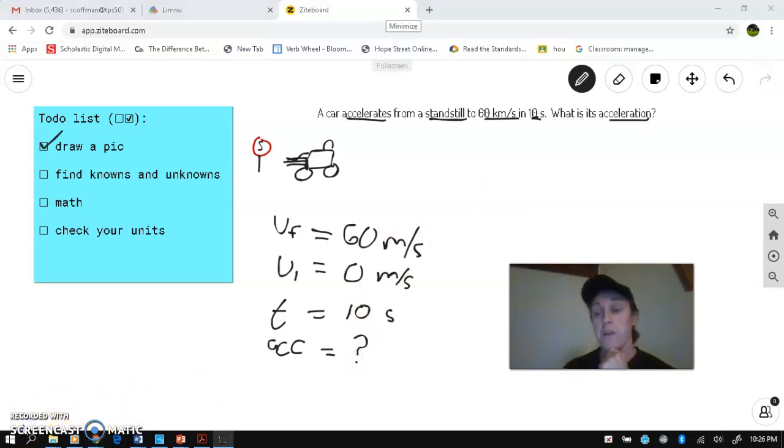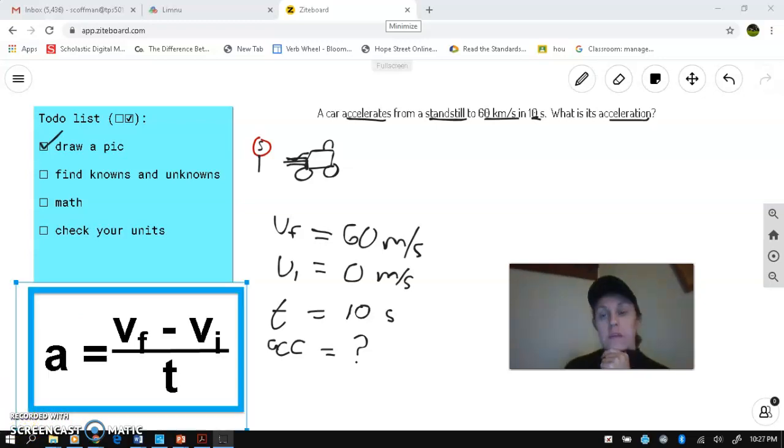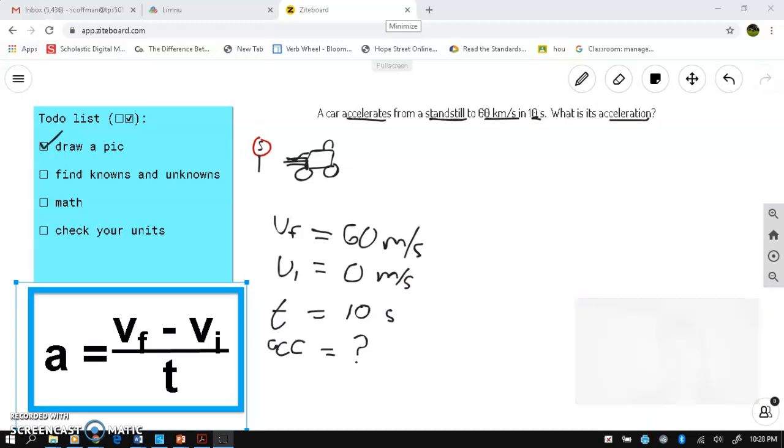I don't know how to find the acceleration. Well, your lucky day, because we have our formula. And voila, there's our formula. Acceleration is velocity final minus velocity initial over time.